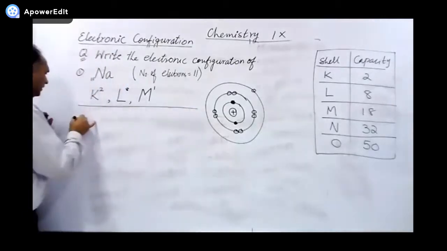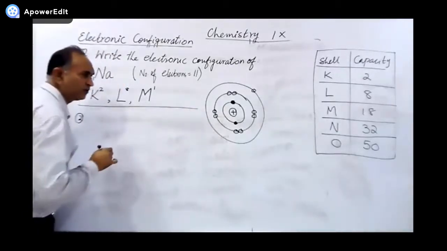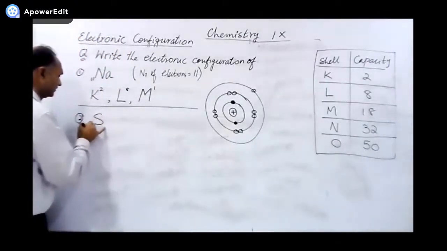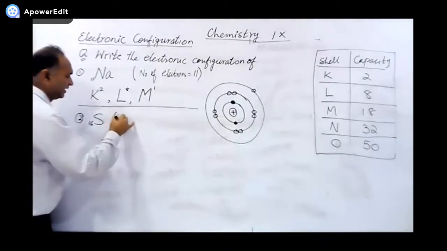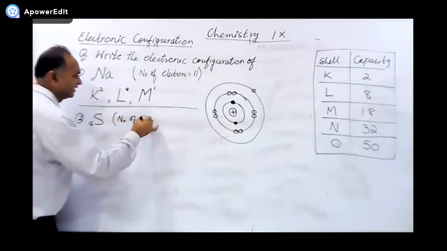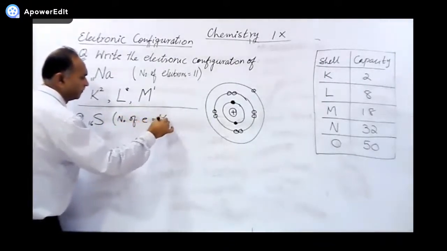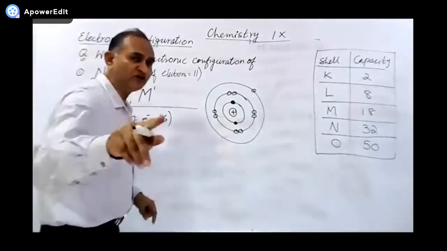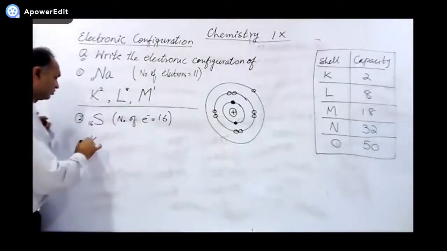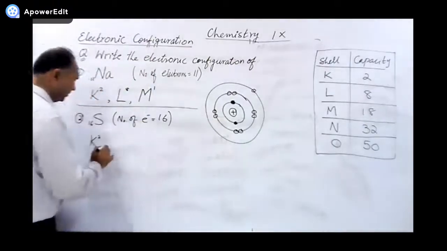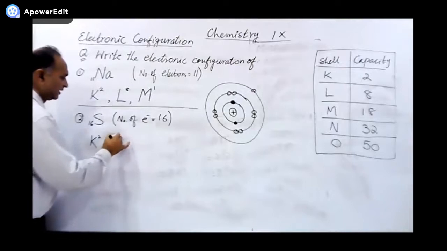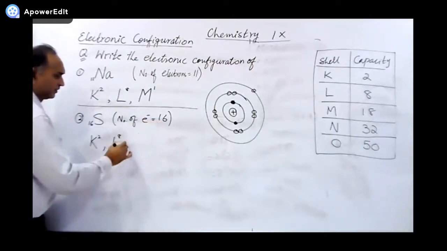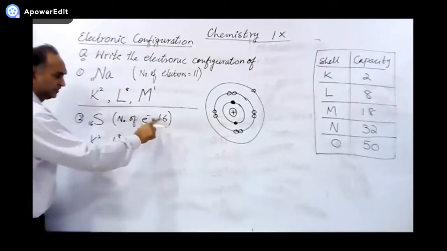Second one. Write the electronic configuration of sulfur, 16. Number of electrons 16. Out of 16, how many in the first shell? Just 2. How many in the second one? 8. 2 plus 8, 10. How many are left? 6 are left.